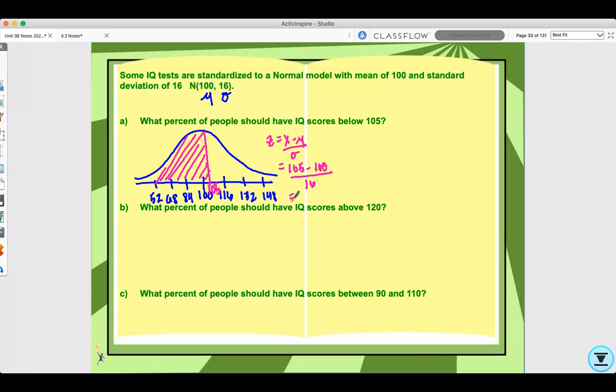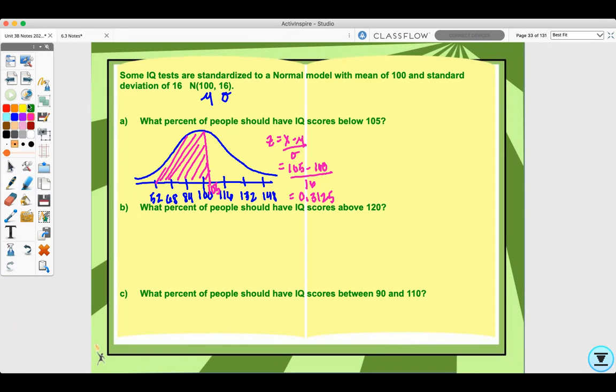I put that in my calculator, and I get 0.3125. So we're finding the probability or the proportion underneath the curve. So the proportion that x is less than 105 is the same as z is less than 0.3125.